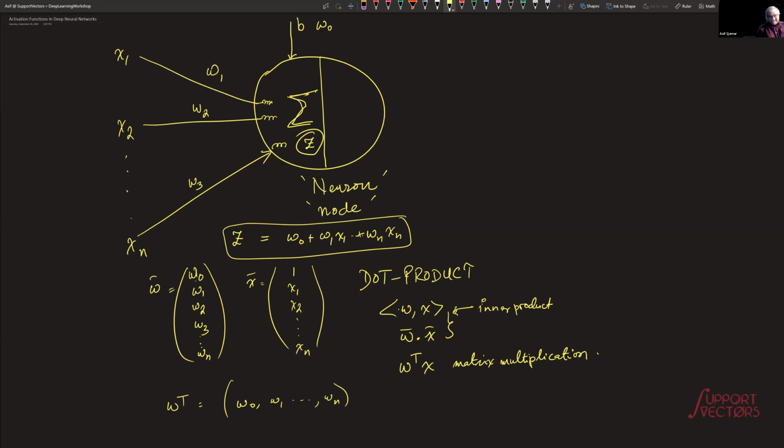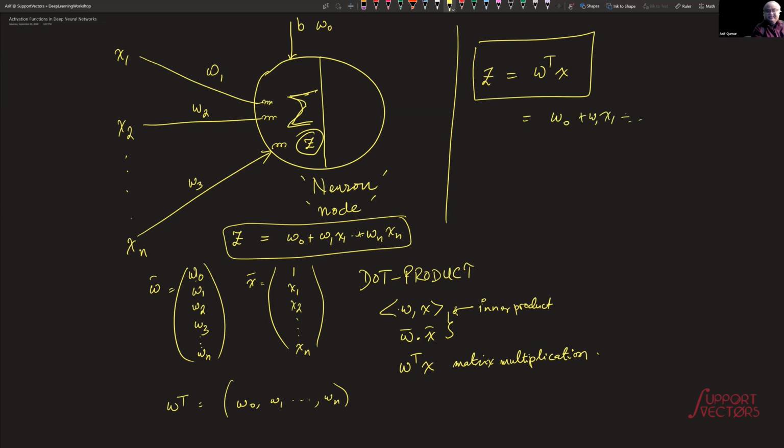And so you realize that matrix multiplication is only possible if you take the transpose of W. And the end result of all of that is exactly the same. So the end result is Z is W transpose X, right? And that is our basic result, equal to W0 plus W1 x1 plus Wn xn.